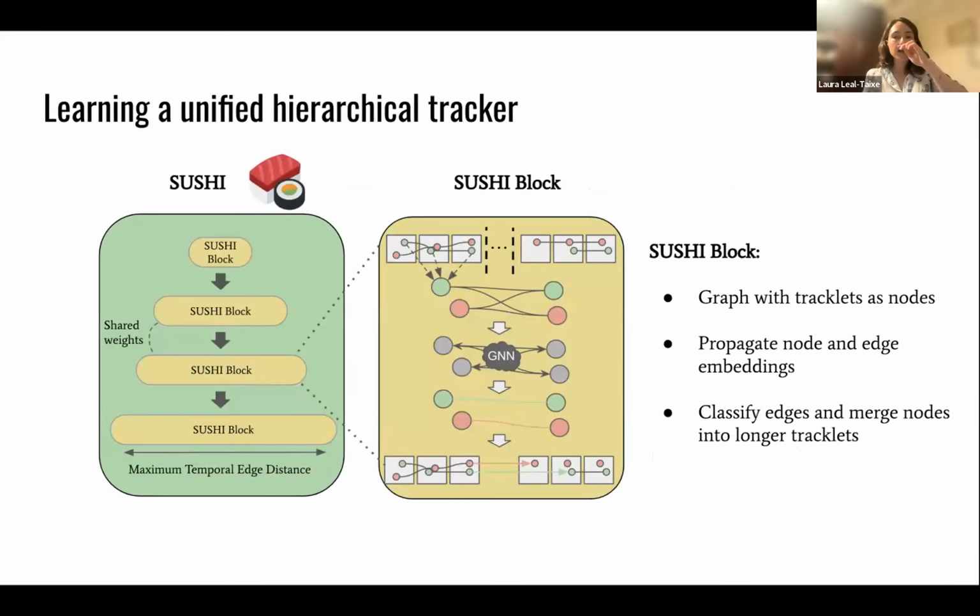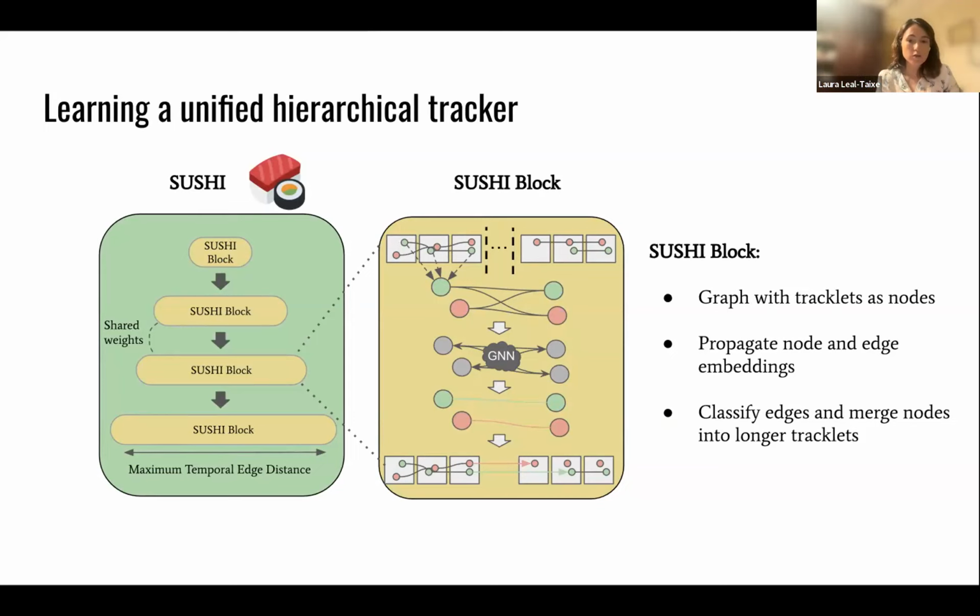Now, as I've said briefly, how this works is by creating tracklets which are increasingly long in time. So we have the first Sushi block, which is essentially the graph neural network that I've explained, which takes detections, expresses them as nodes, and then solves the problem to obtain trajectories. Now, at the second level, things need to change a little bit, right?